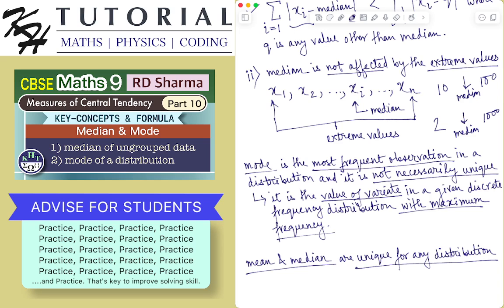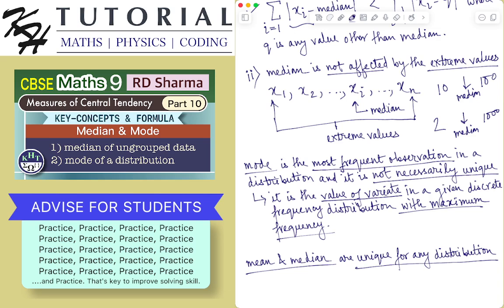Whereas for the mode, there could be some values whose frequencies are the same and are the maximum. So in a distribution there could be more than one mode. So mode is not unique. So that is all about mean and median.